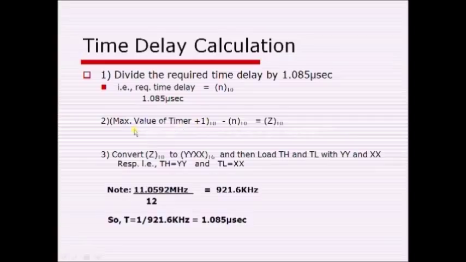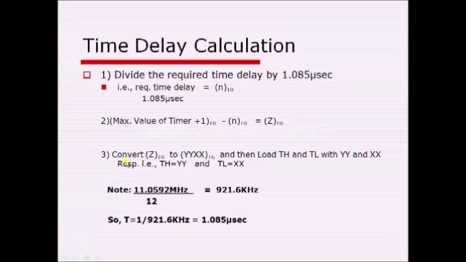If it is mode 1, then the maximum value would be FFFF plus 1, which is nothing but 65536 in decimal. So we subtract this decimal value from the maximum value of timer, again represented in decimal, and then we get the resultant value in decimal.